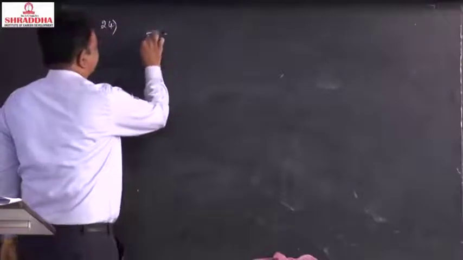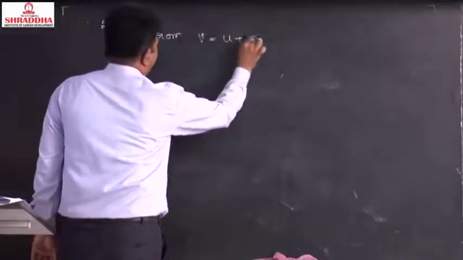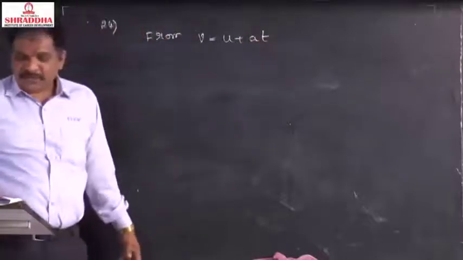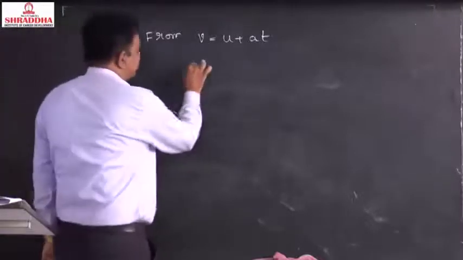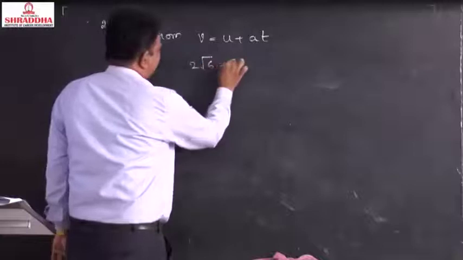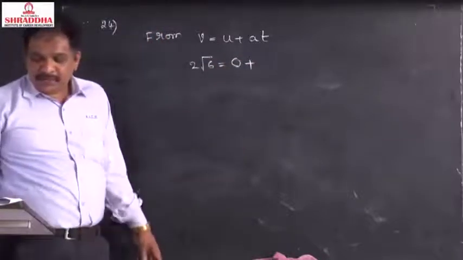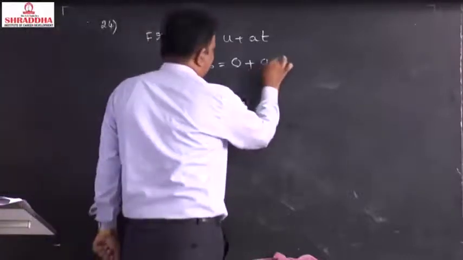From v is equal to u plus at, v value here how much we got? 2 root 6. U value will be 0. A value we don't know. Time value will be 20.